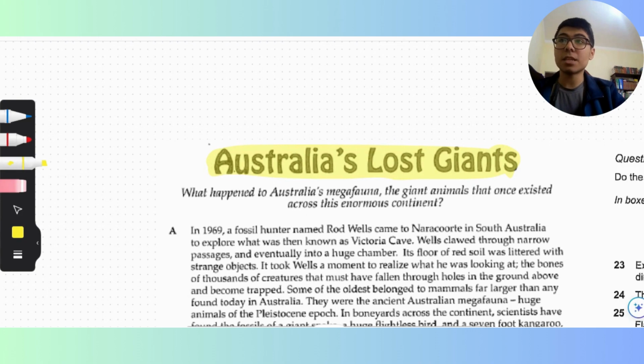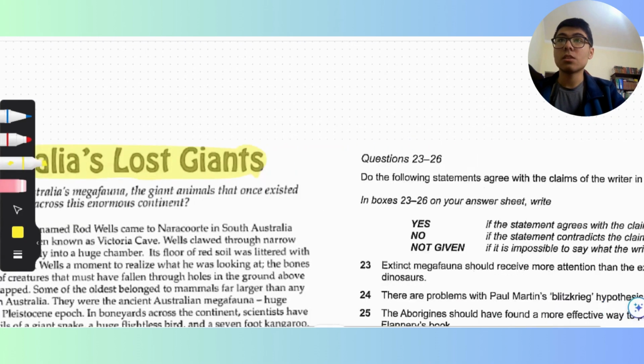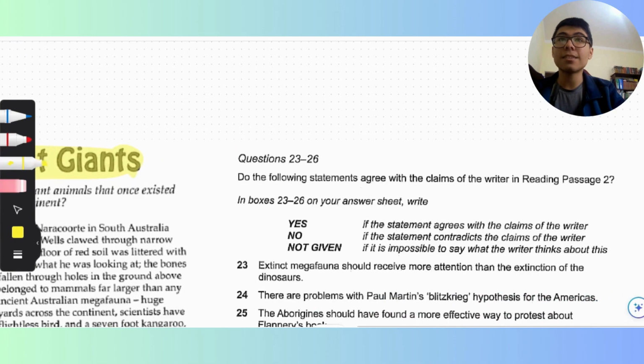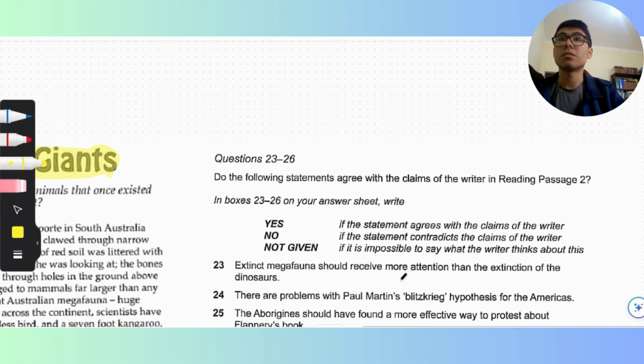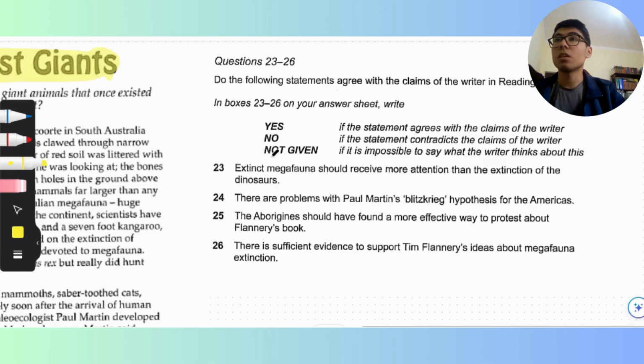The next thing I'm going to do is read the questions and highlight keywords. Extinct megafauna should receive more attention than the extinction of dinosaurs. Dinosaurs is an unchangeable keyword, so it's going to be easy to find.